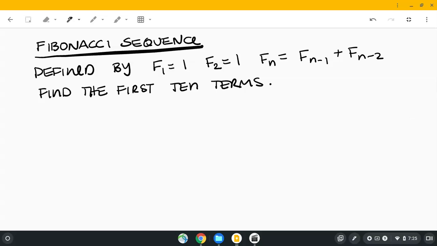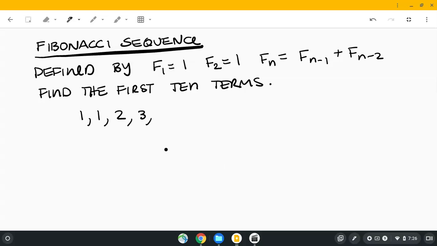All right, so we know that the first term is 1, the second term is 1, and then to find the next one, we add the 2 before it. So if I want to find this one, I have to add the 2 before it, right? So 1 plus 1 is 2. If I want to find this term, I add the 2 before it, so it's going to be 3.